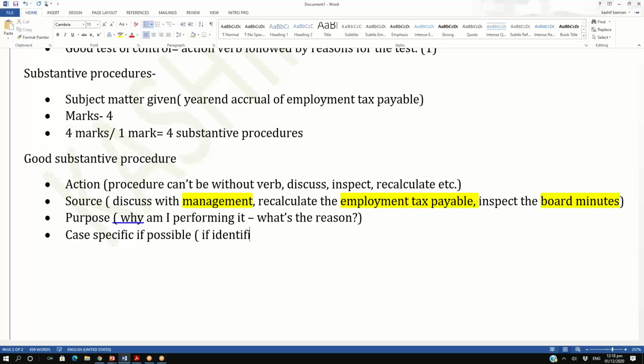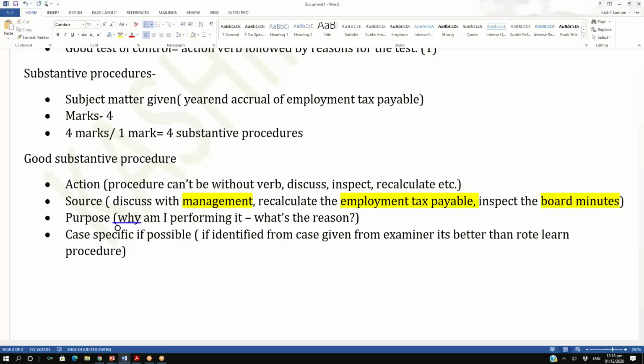If identified from the case given by the examiner, it's better than a rote-learned procedure. So please remember that when you are making a good substantive procedure, it should come out of the case study.